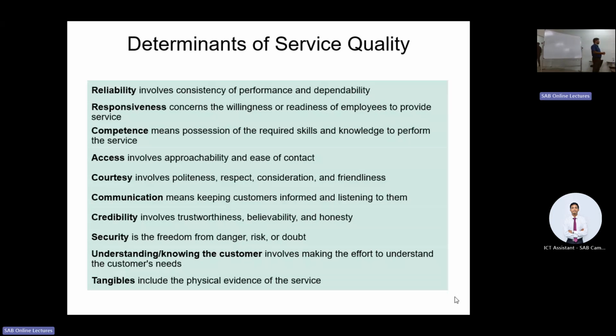Everything matters when it comes to service quality. That is different from product quality. Clear? Product quality dimensions are different from service quality. So in quality management, how they maintain the quality and all, that is different.